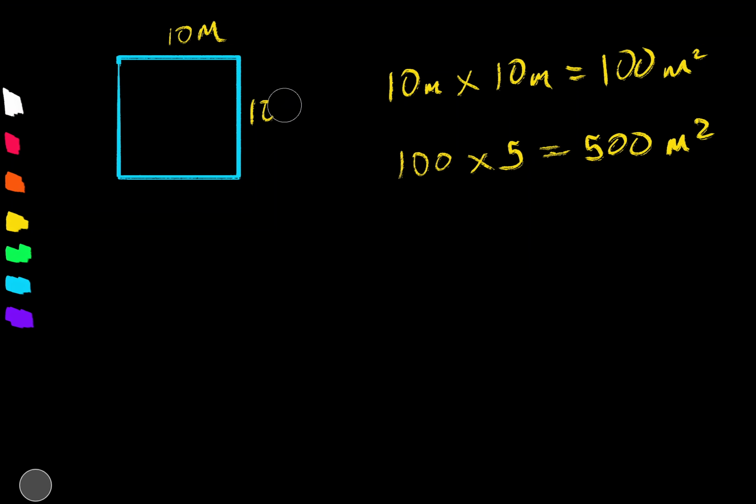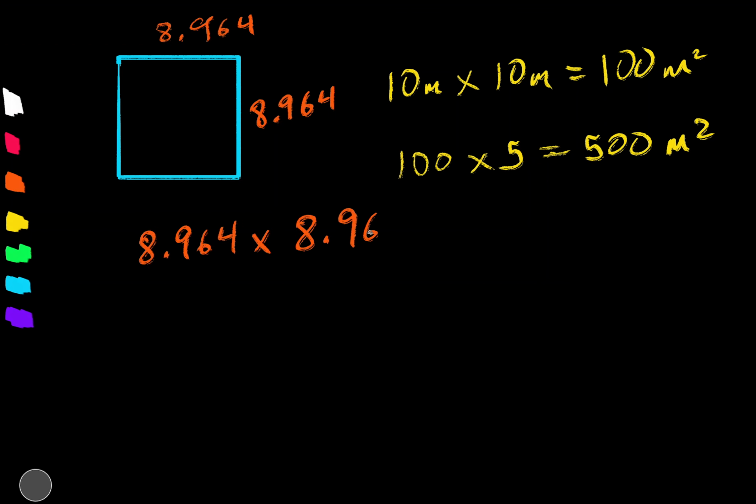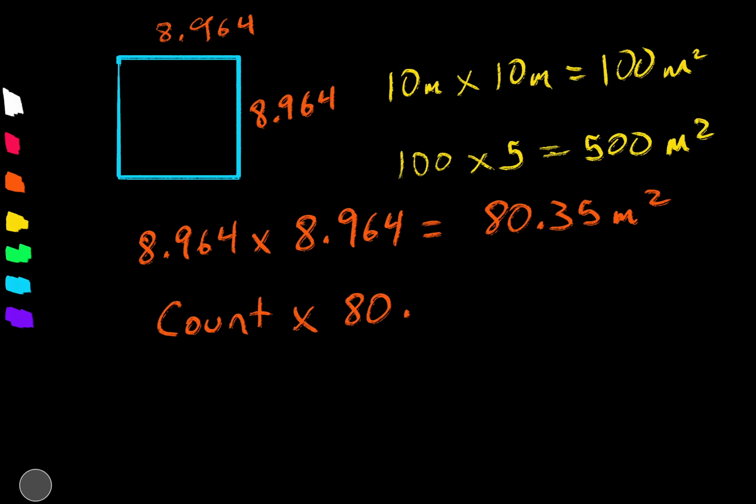You can apply the same process for the flood rasters. They have a cell size of about 8.964 meters. So 8.964 times 8.964 gives you approximately 80.35 square meters. To get the area in square meters, you would multiply the number of pixels by 80.35.